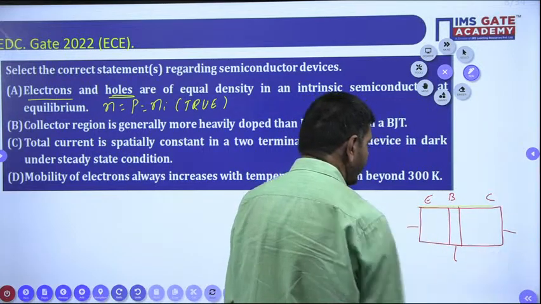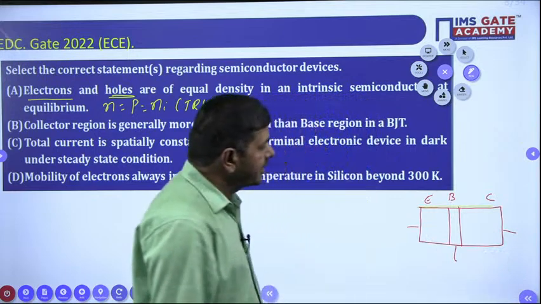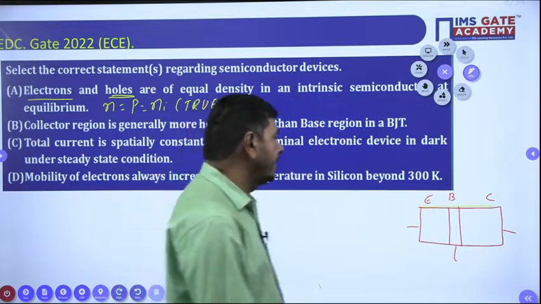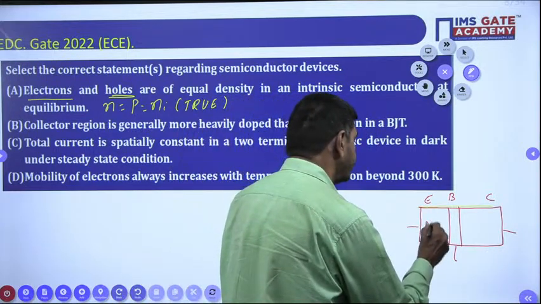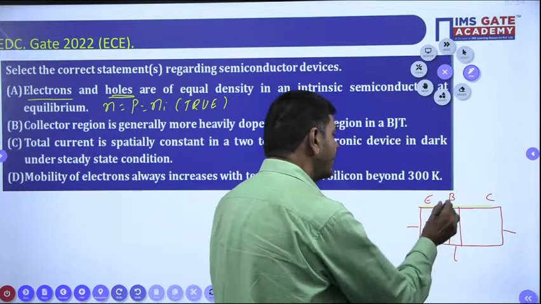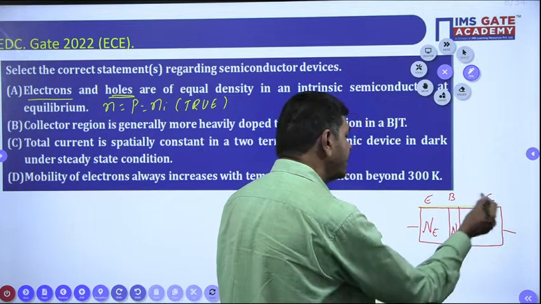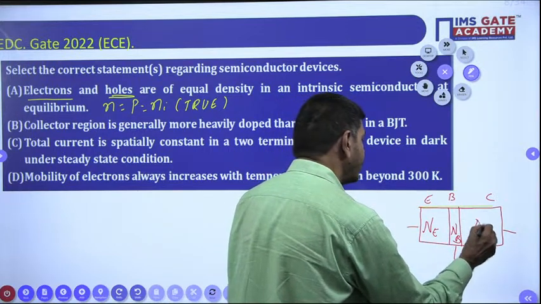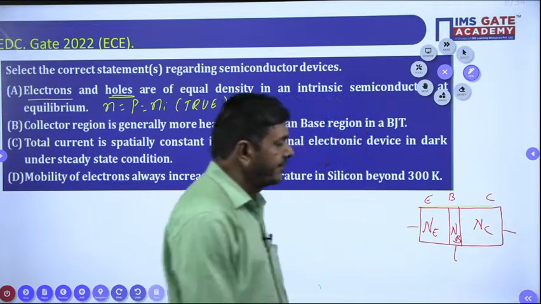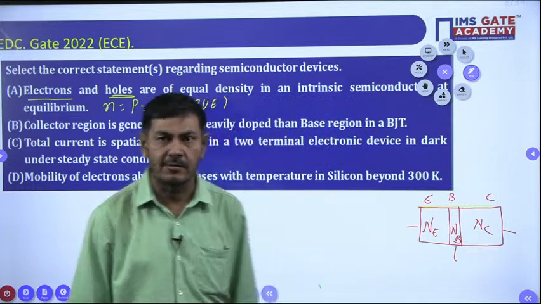The concentration existing in the emitter is Ne. The concentration at the base is Nb, you know very well. The concentration existing at the collector is Nc. Those are the concentrations of these regions.